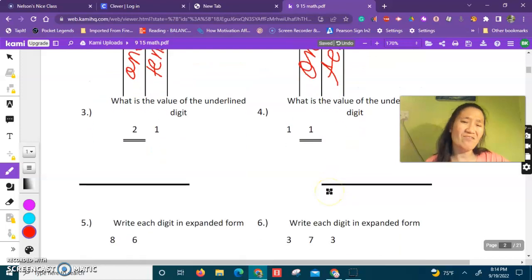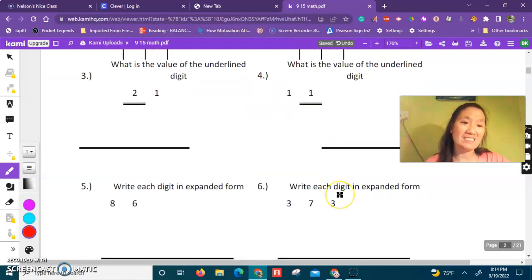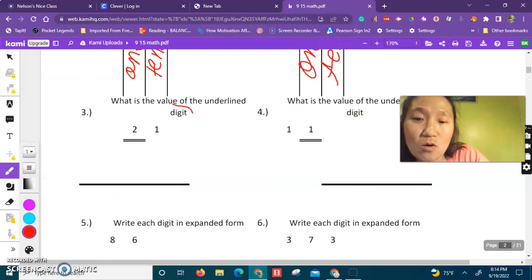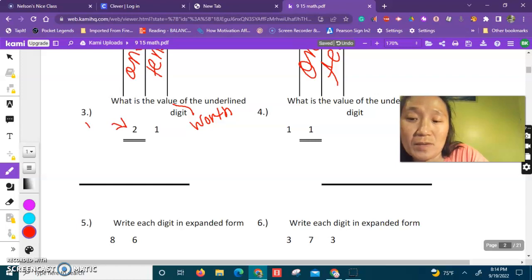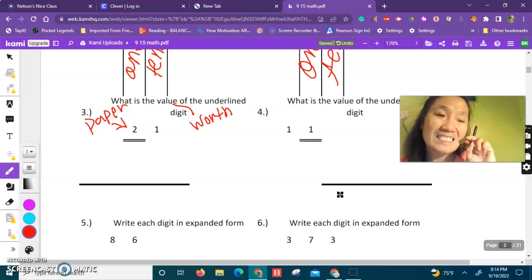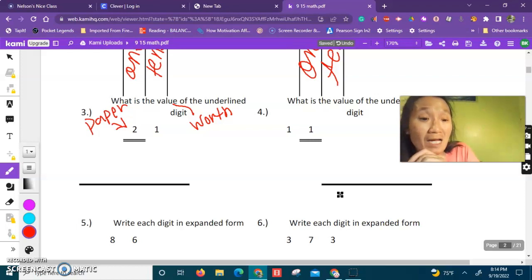What is the value of the underlined digit? How much is it worth? Value means worth. If I have 2 pieces of paper, that means 2 pieces of paper. And how much is that paper worth? Well, that 2 is sitting in the tens place, so it's 2 times 10.